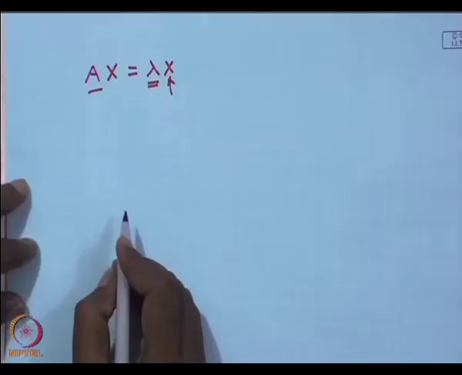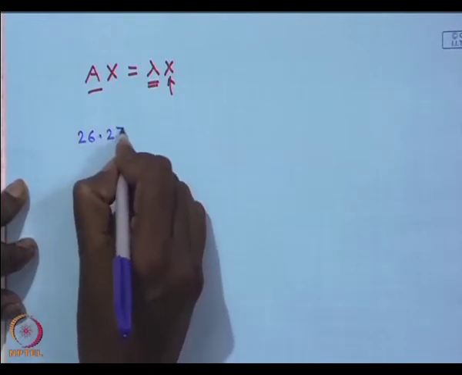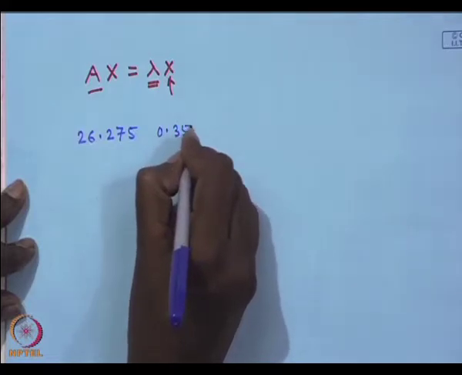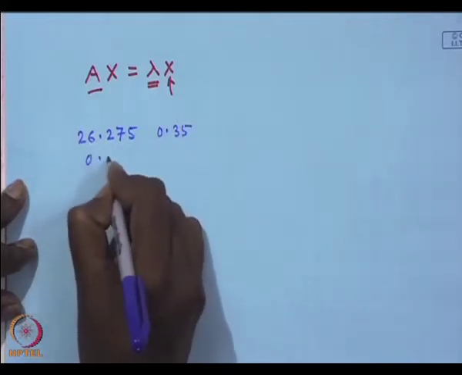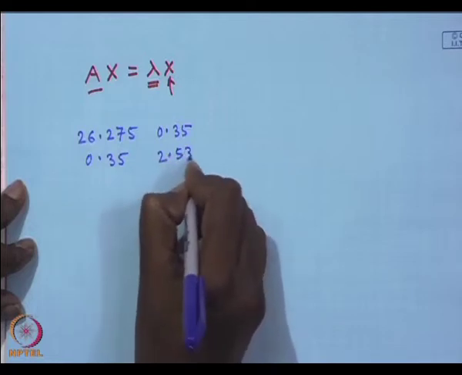So, in order to do that, we know that our covariance matrix was given by 26.275, 0.35, then 0.35, 2.53.